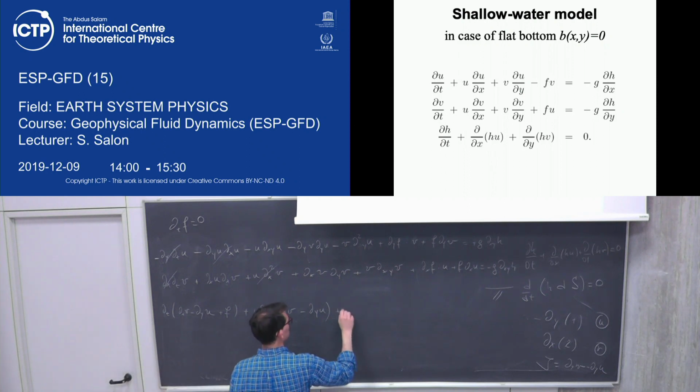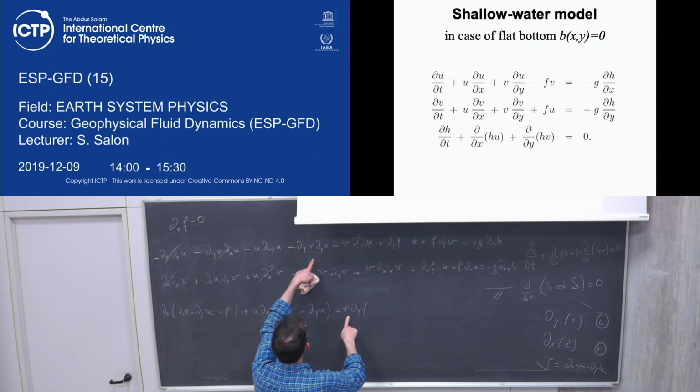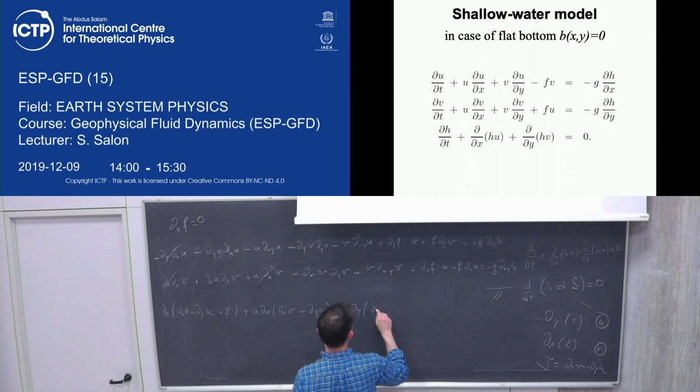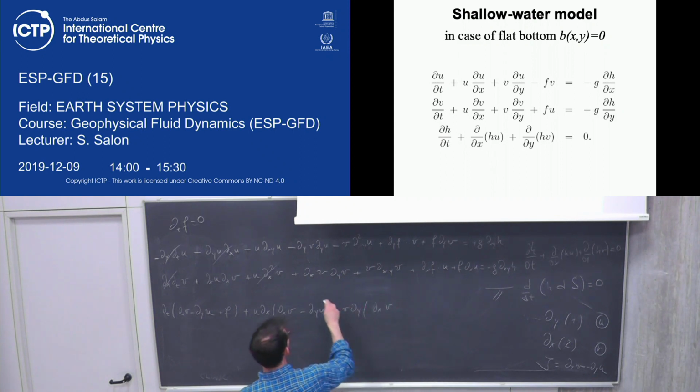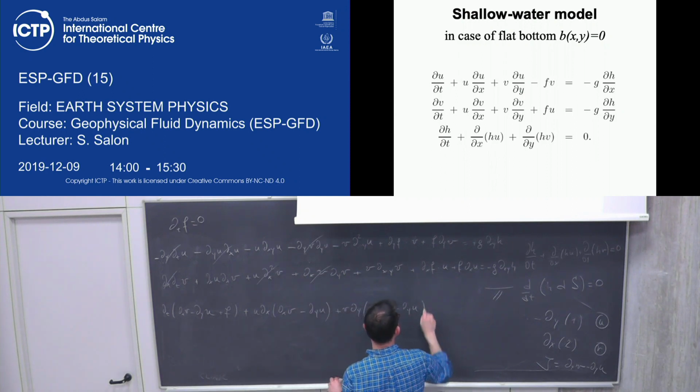Then plus v d y. So v d y, so it's the minus d x v, and this one minus d y u.